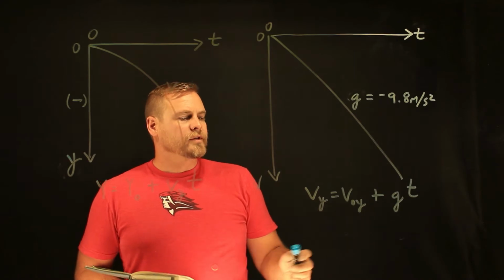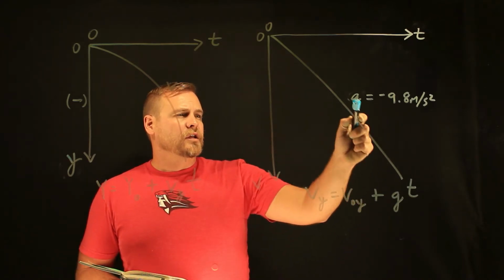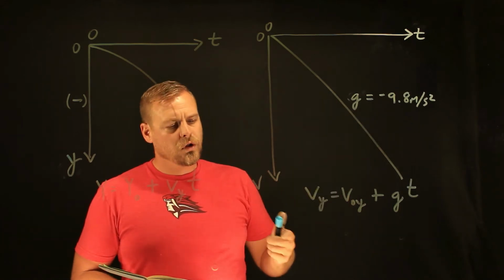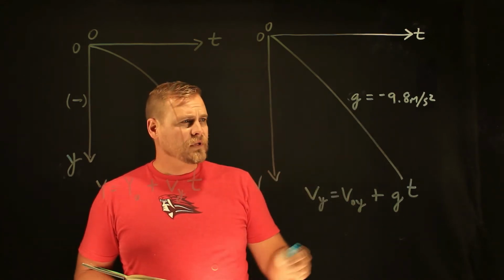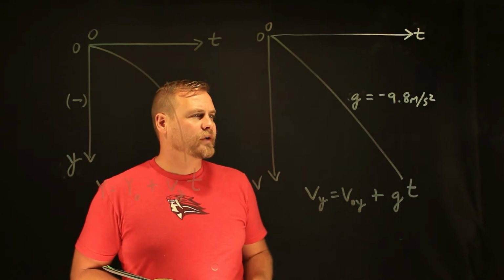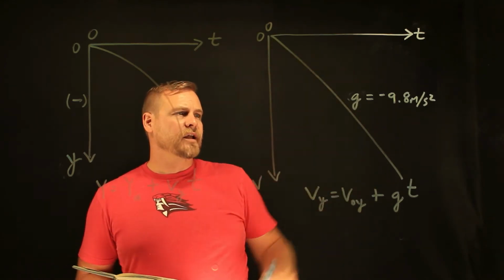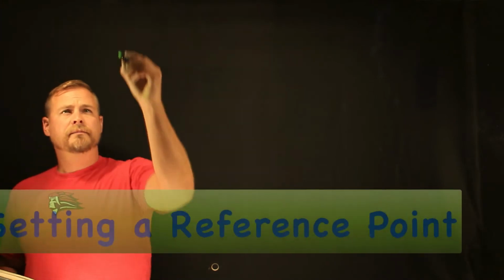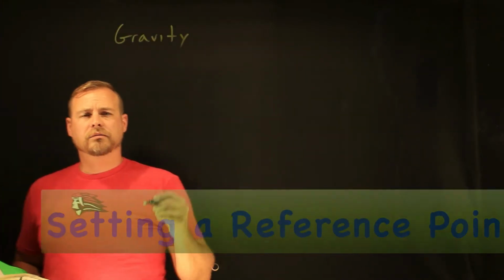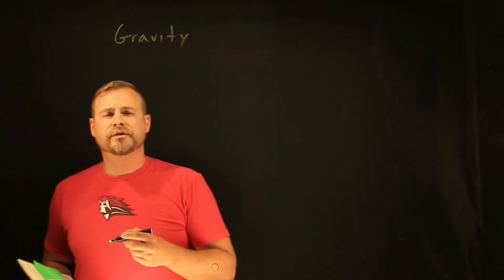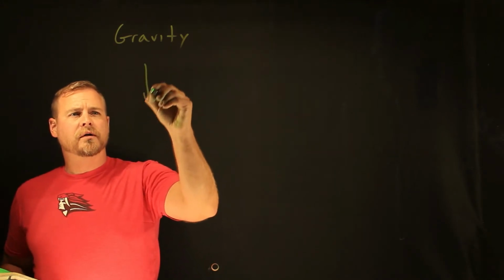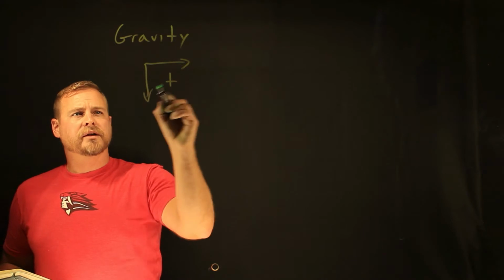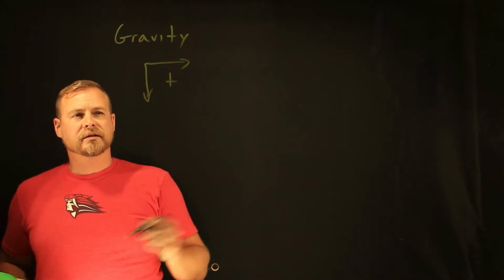And so we take this acceleration, we're going to call it g. And we understand that gravity is always down. Now, I wrote negative 9.8 meters per second squared because right now I have a negative slope, and it makes sense to write that. When you're dealing with gravity, it's important to annotate the reference point. And there's a lot of different ways you can do this. Typically, we'll draw something like this, indicating that to the right and to the down are going to be positive.